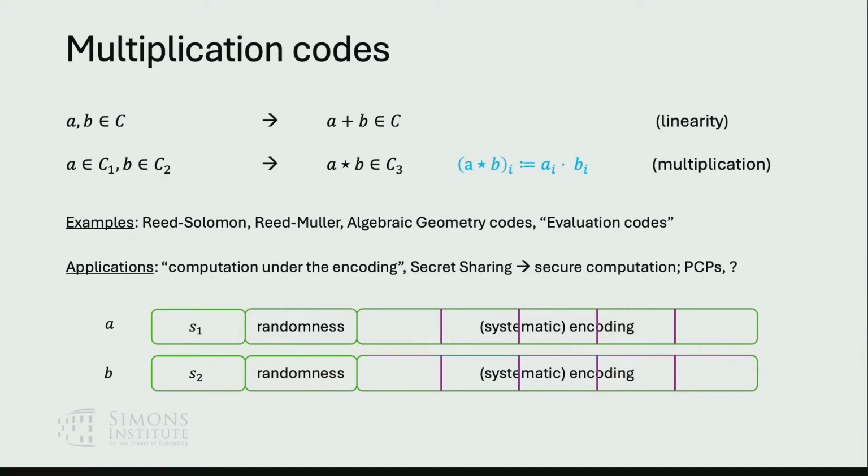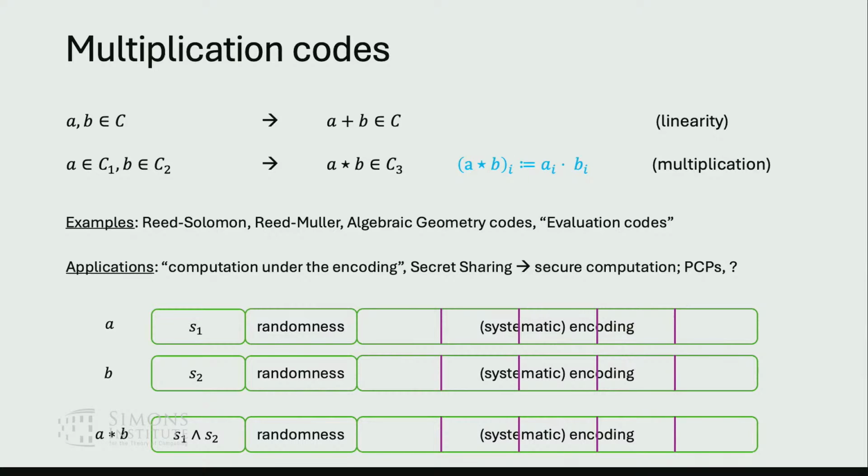The servers can do the pointwise multiplication of these two strings, and what they get is shares of a codeword which contains in it the set intersection of S1 and S2. I don't know if I explained it very well, but I think it's pretty simple to see. You see how there is some homomorphic thing going on, and it's nice.